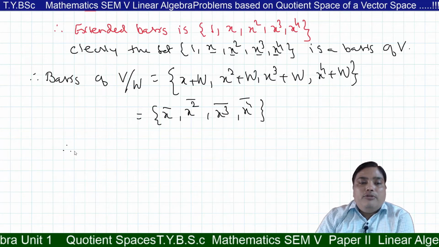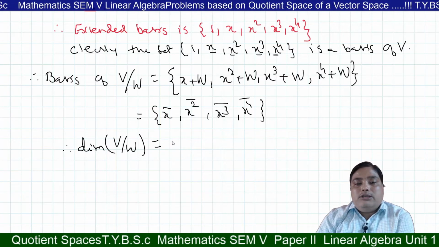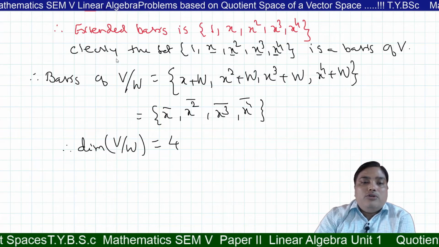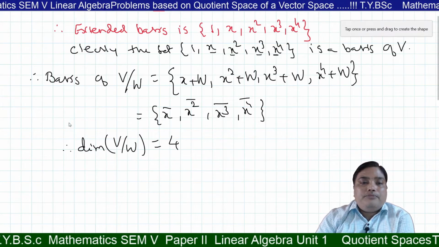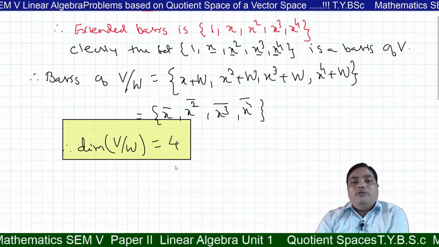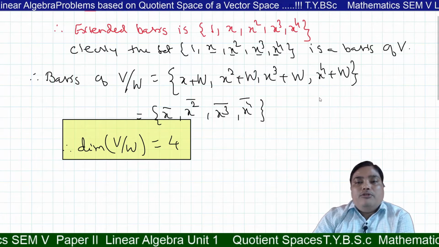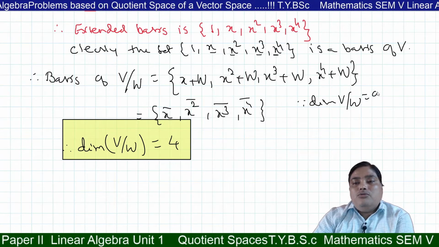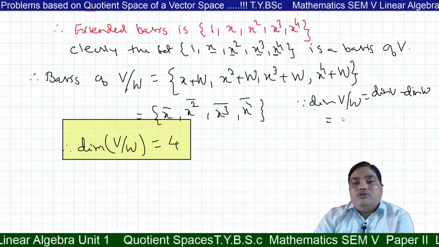Okay, so dimension of V mod W is what? Dimension of V mod W is here 4. Okay, by the result also we are getting the same thing. And if you want to compute this by the result, we know that dimension of V mod W is equal to dimension of V minus dimension of W. So what is dimension of V? 5.